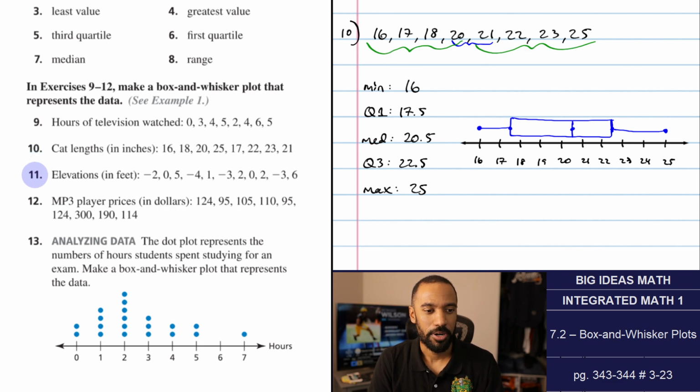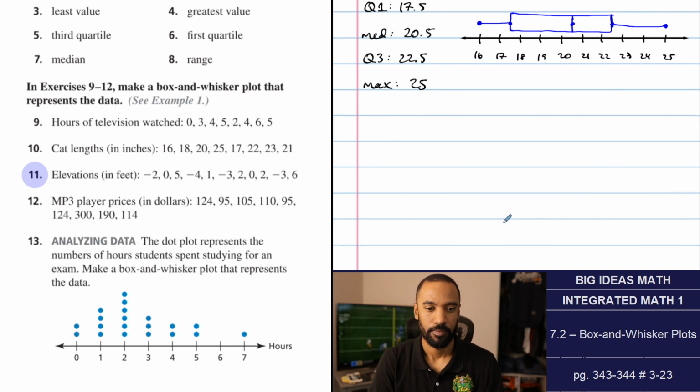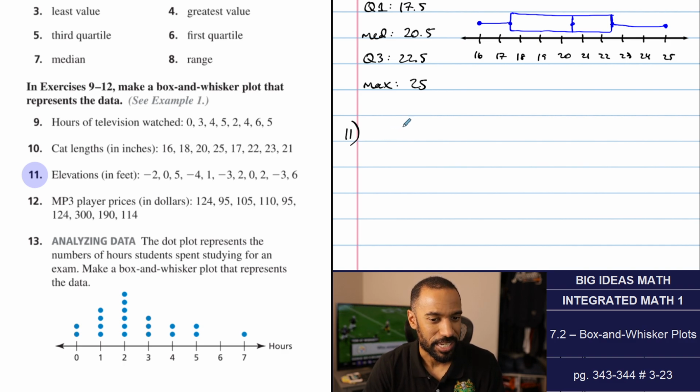Okay. Number 11, elevations in feet. I never really think about being just 4 feet below sea level or something like that. But -4 looks to be the smallest value. Remember, start with your negatives. There are 2 -3s that I can see. I see a -2, no -1s. I see 2 zeros.